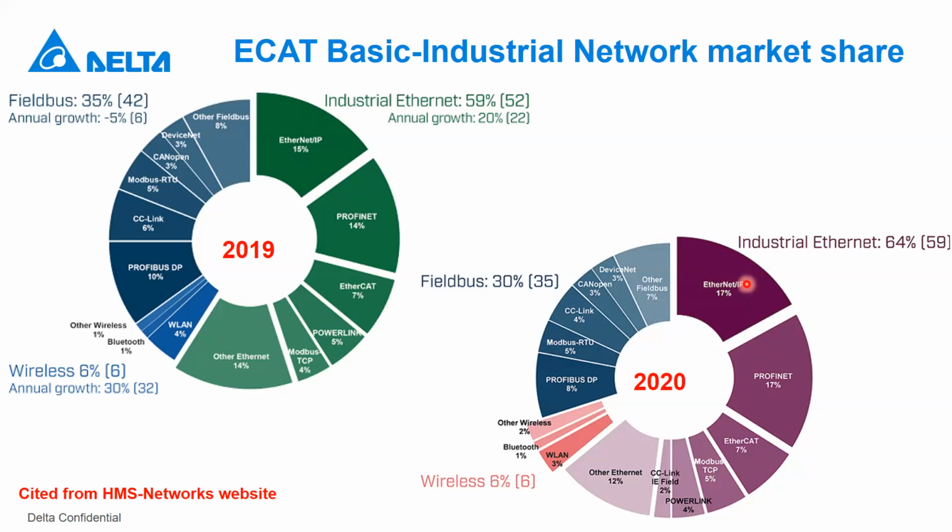And as you can see here, Ethernet IP in 2019 market share is 15, and in 2020 it increased 2%, reached 17. That's also the reason why for Delta new product we will all support Ethernet IP, and also for the Profinet, as you know, our BSD inverter or PLC now also can work as a Profinet slave.